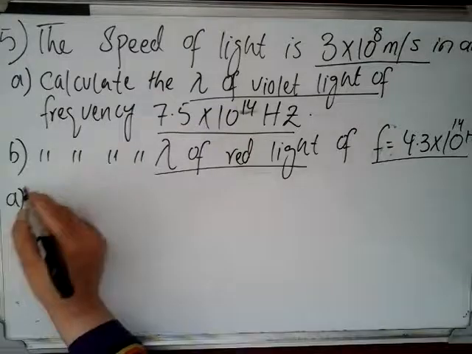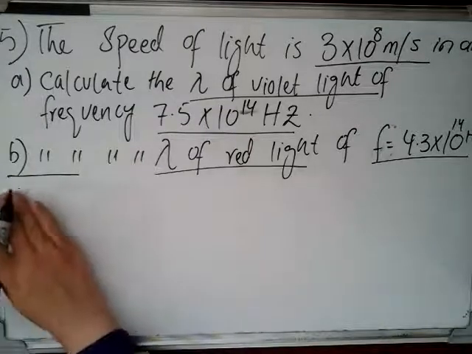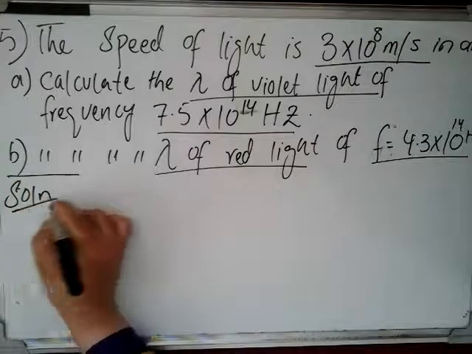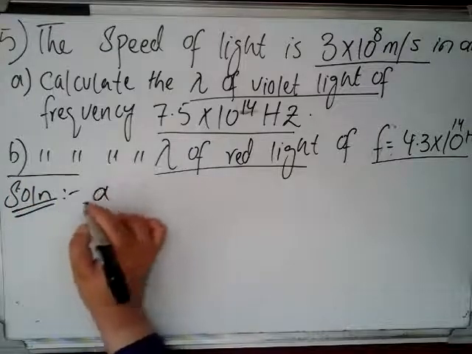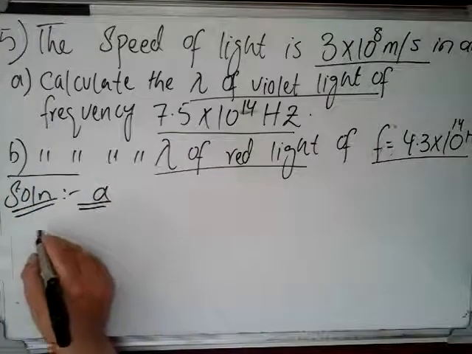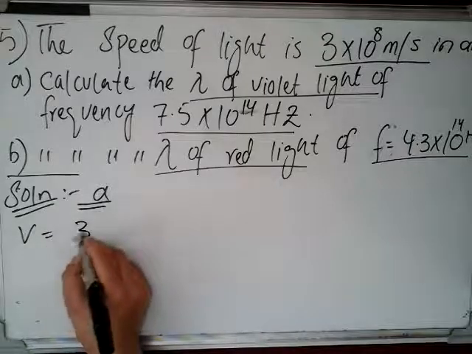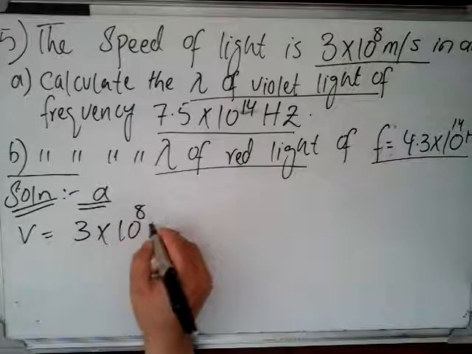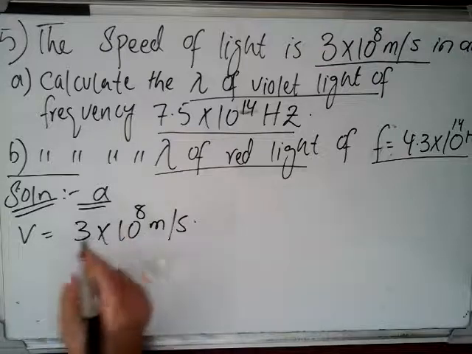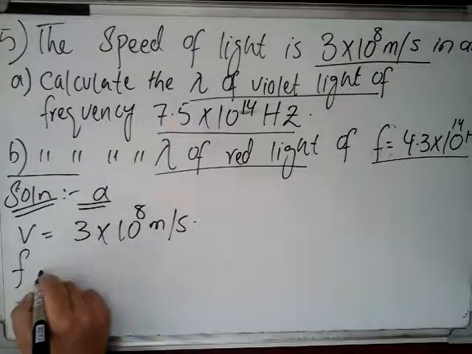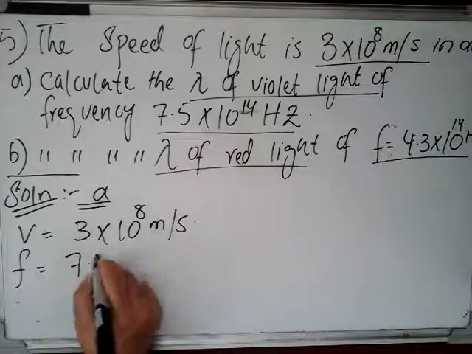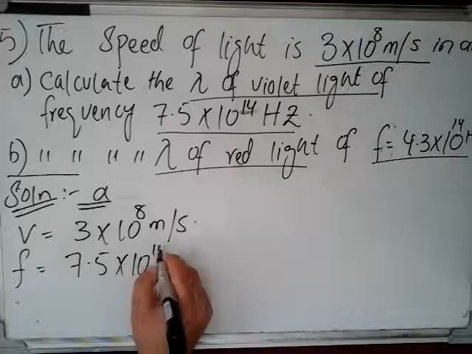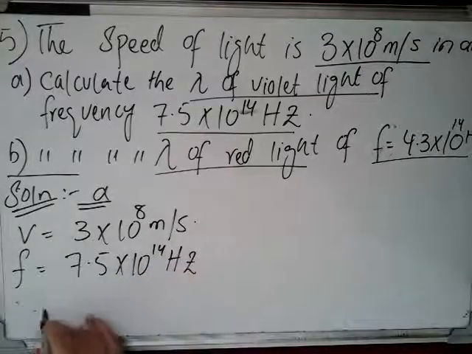Now coming towards part A, the solution of part A. Here the speed of light is 3 into 10 raised to power 8 meter per second, and the given frequency is 7.5 into 10 raised to power 14 hertz. So what are we going to find?